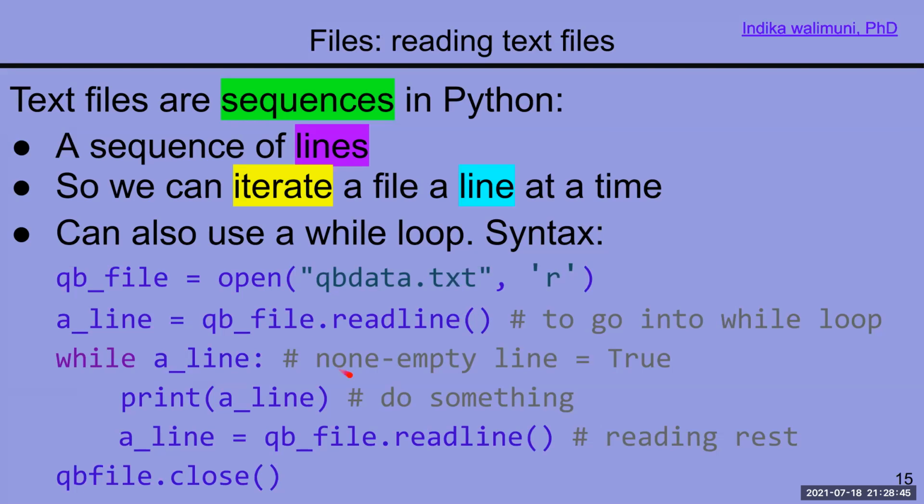A non-empty string is true when we evaluate it as a Boolean expression. So this will be true, because we already read a line. So we're going to go in and print the line, and after that, we're going to read subsequent lines. And at the end, we close it. Let's quickly try that as well.